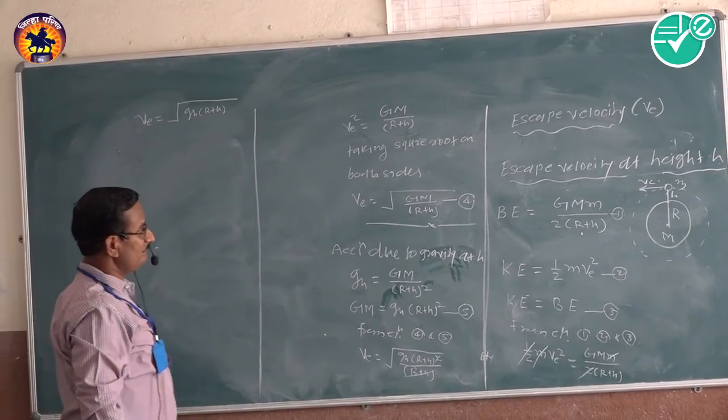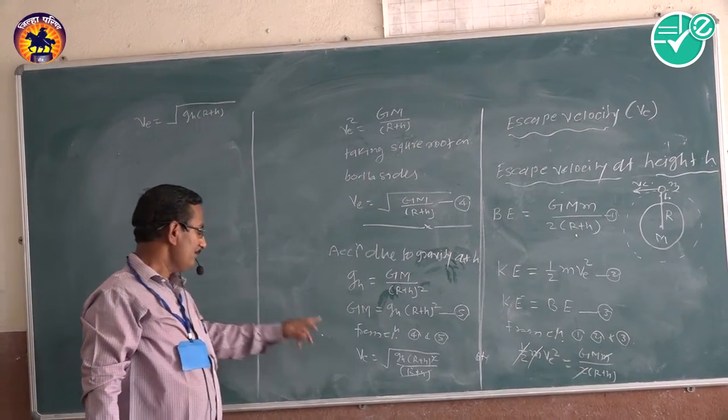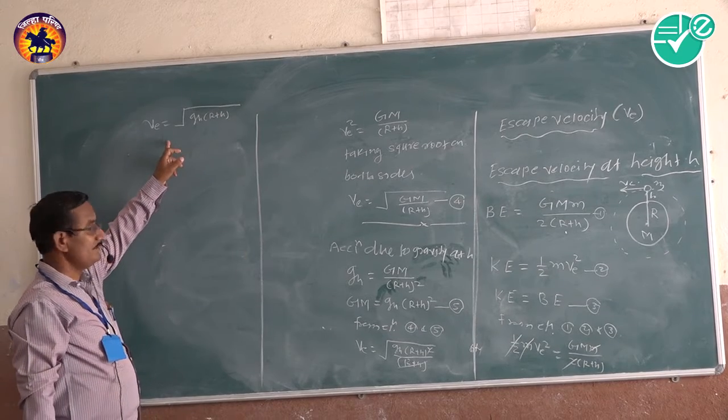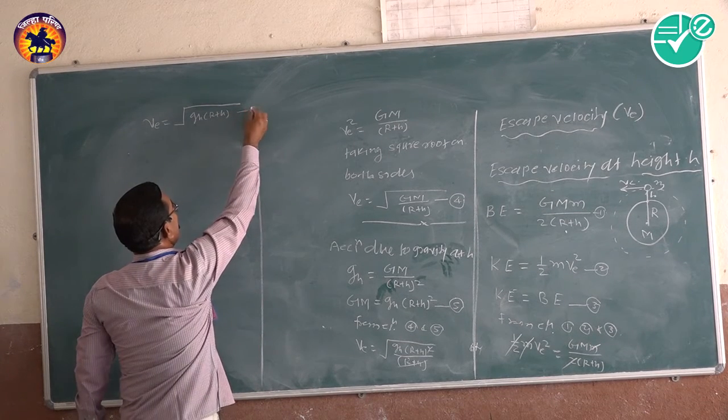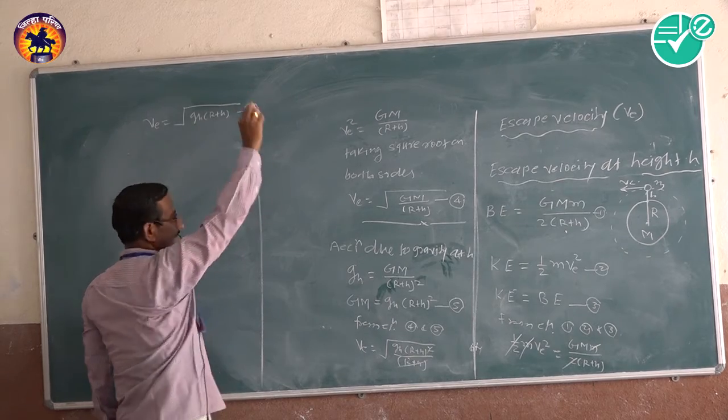That is the escape velocity of the satellite at a height h, that is equation 6.